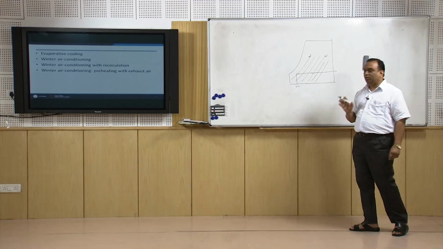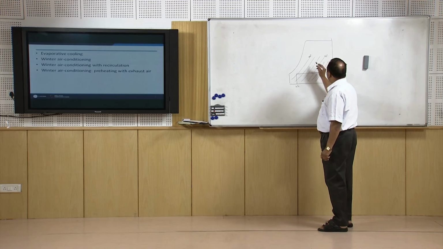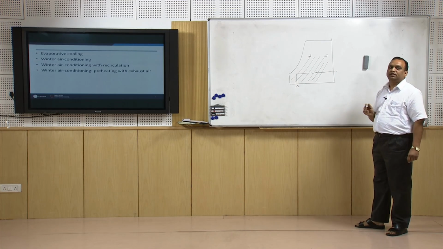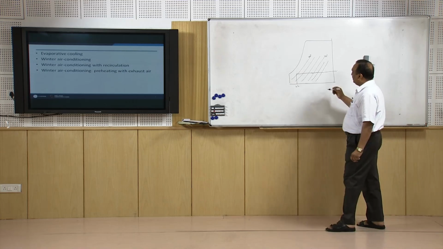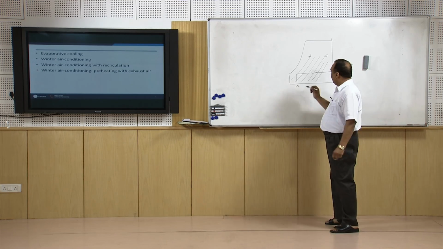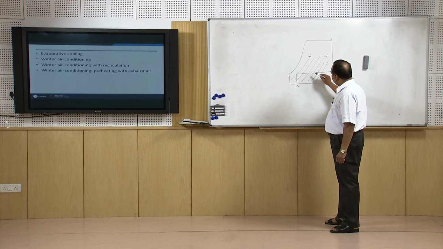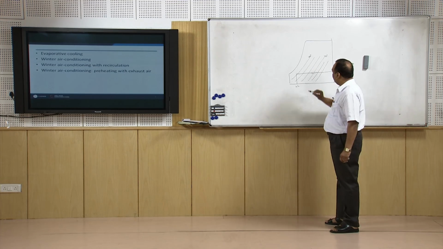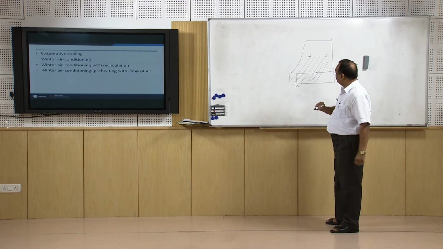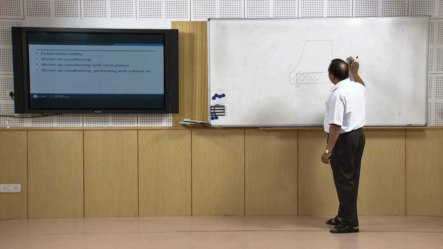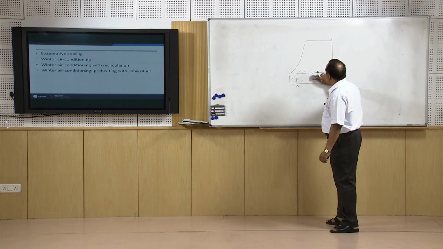So, while heating, we have to increase the humidity also. How can we increase the humidity? There is only one way of increasing the humidity, which is to add some water, and water can be added by putting the air washer in the circuit. So, the process can be like this.